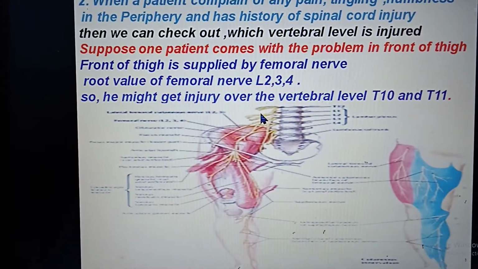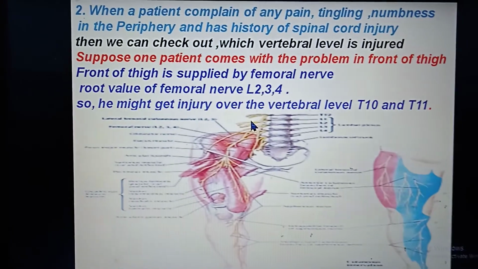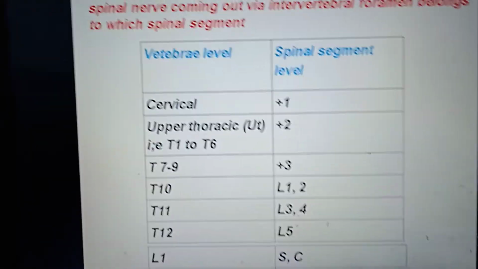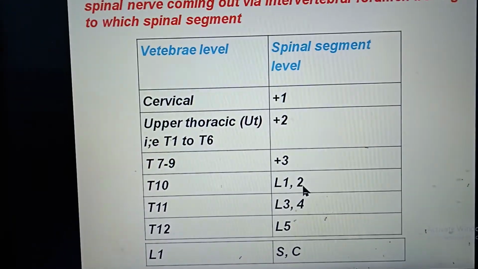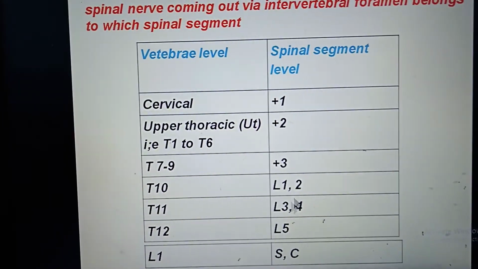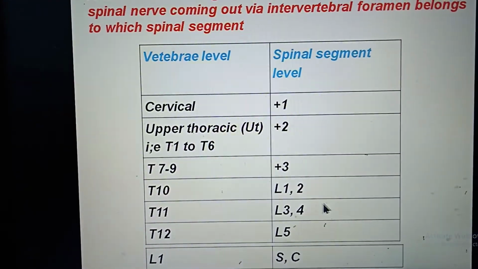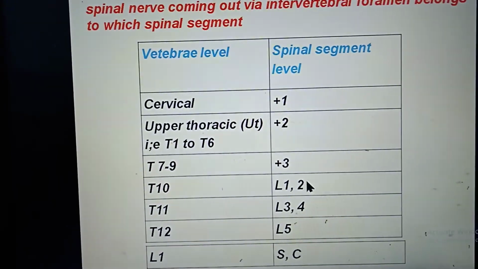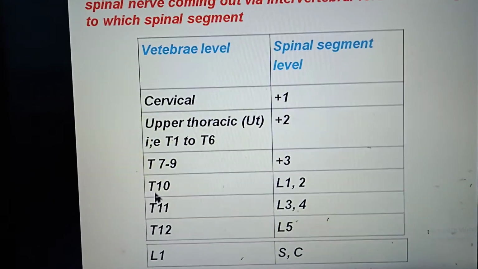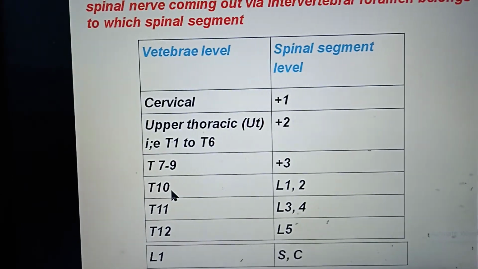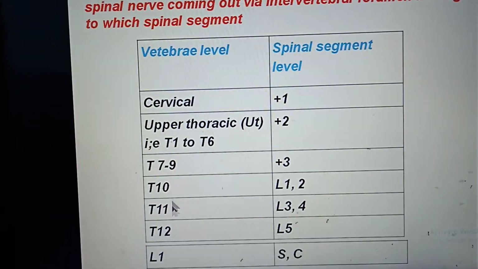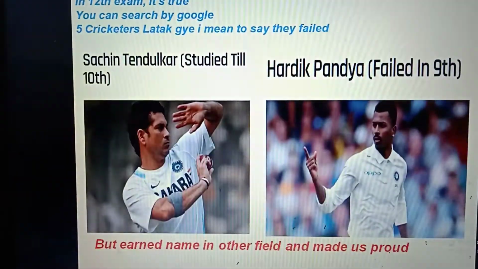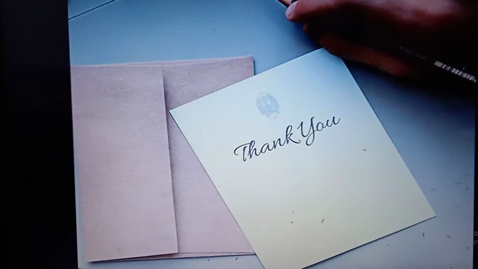With that formula, these are the L2, 3, 4 spinal segments, and the spinal nerves are coming out from those spinal segments. They are complaining about the front of the thigh, supplied by the femoral nerve. So the vertebral level injury is T10 and T11. So this is how we can check which vertebral level injury is there. Thank you.